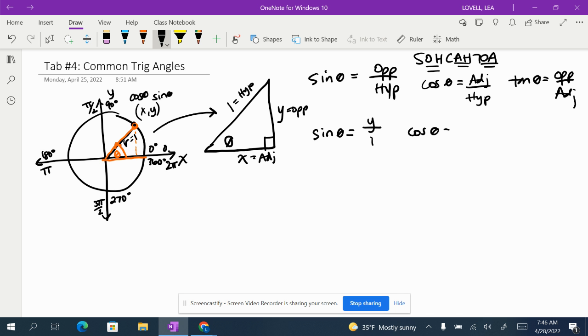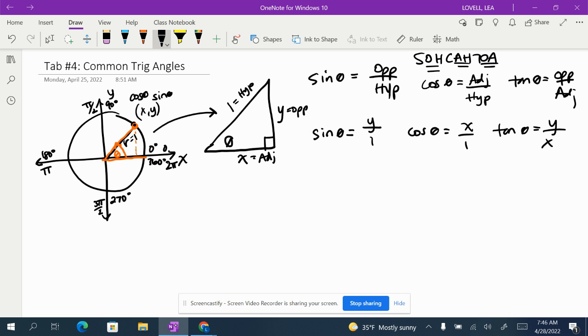The cosine of theta is adjacent, which is x, over the hypotenuse, which is 1. And the tangent of theta is opposite, which is y, over adjacent, which is x.